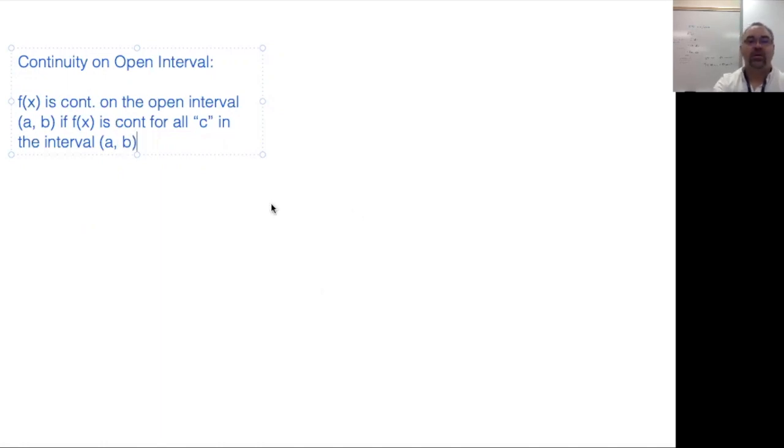Easy. Just make sure it's continuous for all the points in between. Really what we do is make sure that none of the discontinuities are in the interval a to b. Piece of cake.